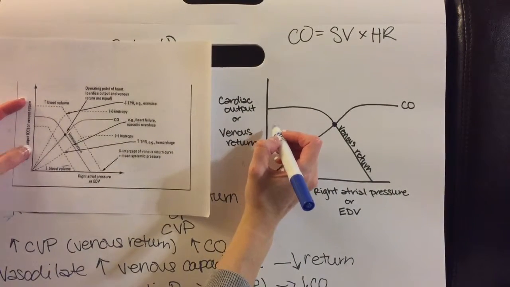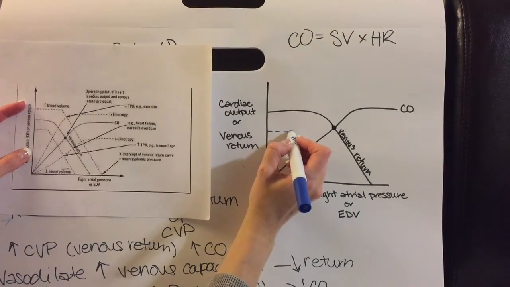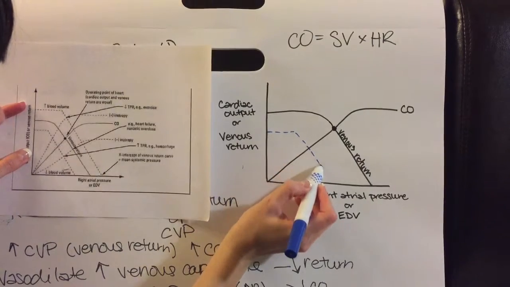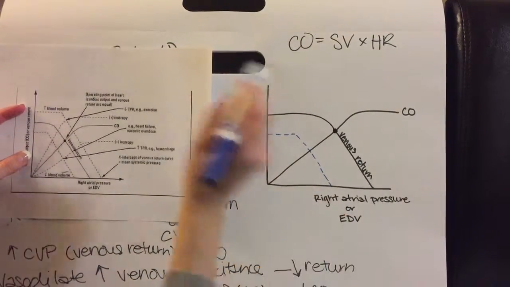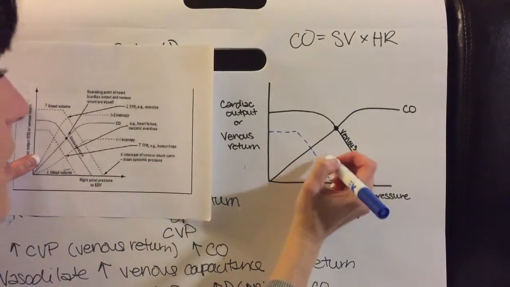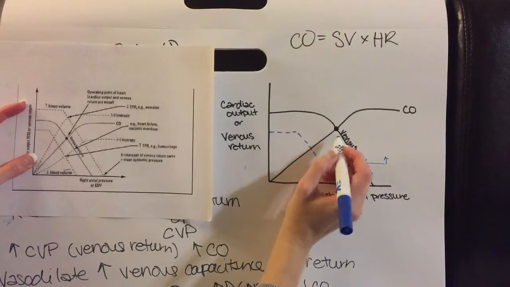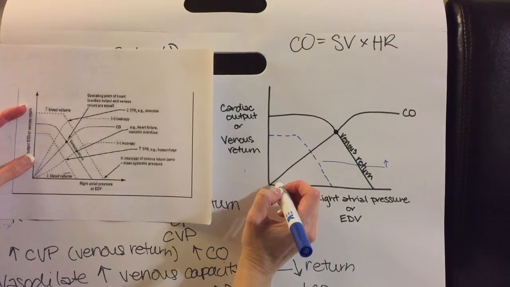So if you decrease your venous return, you decrease your volume, and you have to increase your total peripheral resistance to bring your system back up to equal.